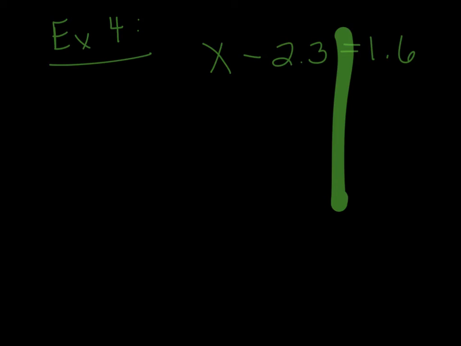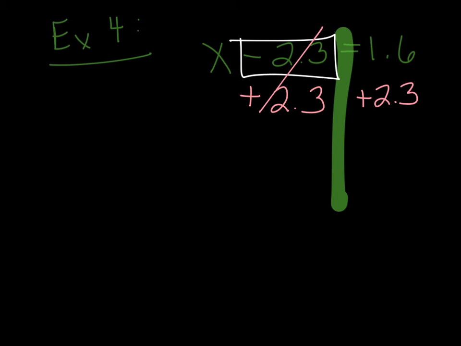First things first, let's look at what we got over here. x minus 2.3, negative 2.3, however you want to look at it, but this subtraction sign tells us everything we need to do because we're doing the exact opposite.